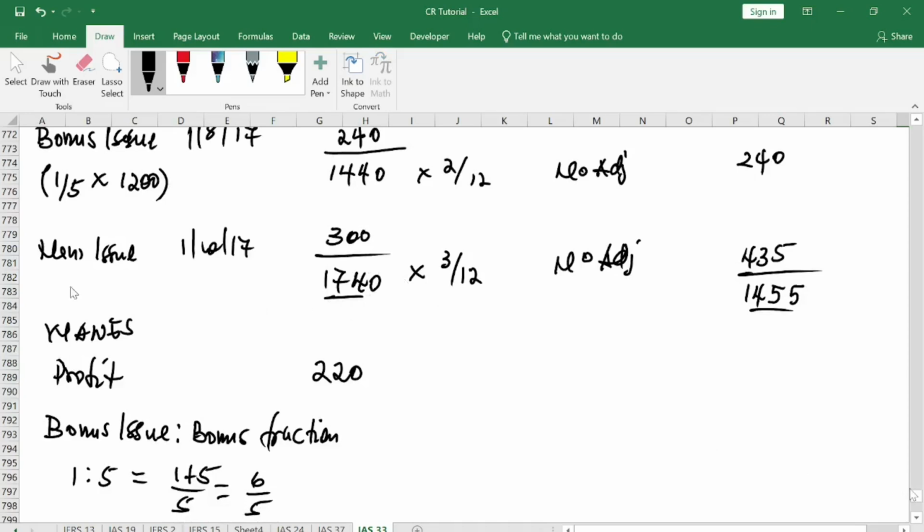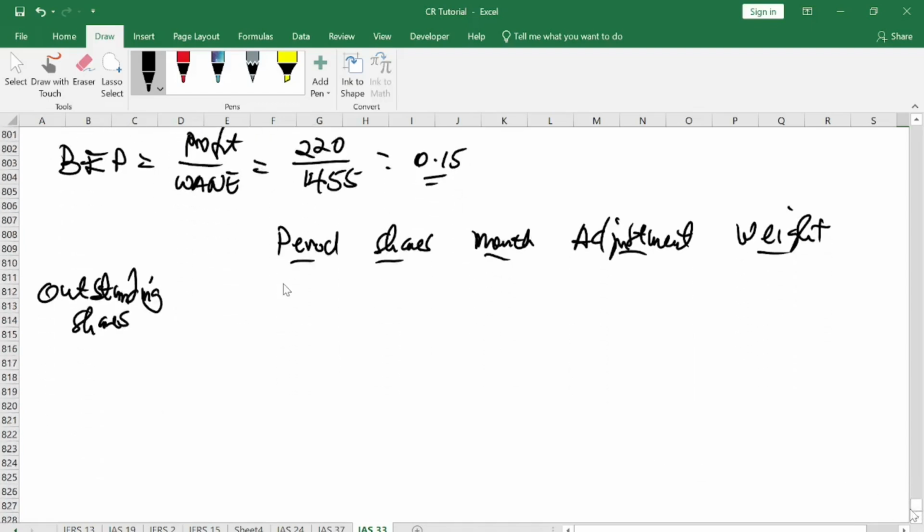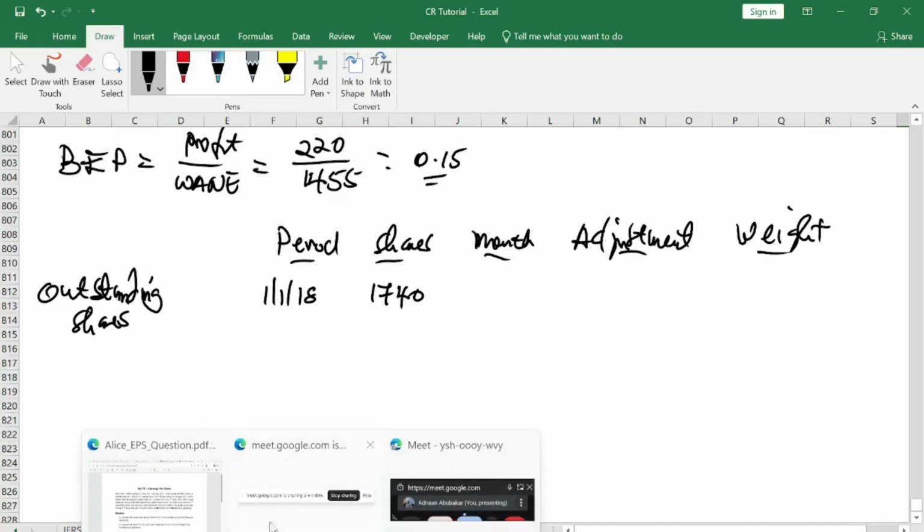Have you seen your total shares for 2017? You see 1,740. That is the outstanding share as at 2017. So that becomes your outstanding shares in 2018. When you come to the beginning of the accounting period, 1st January 2018, your outstanding share is 1,740, right? Okay.